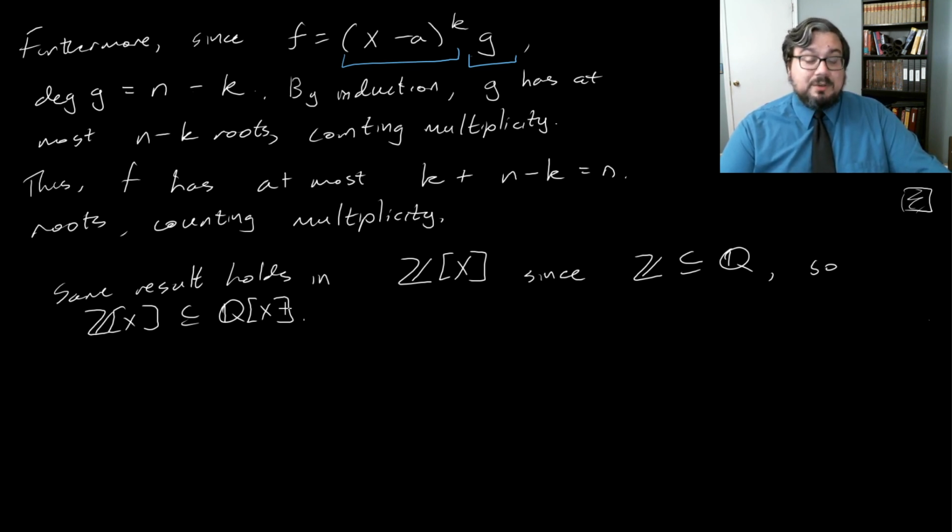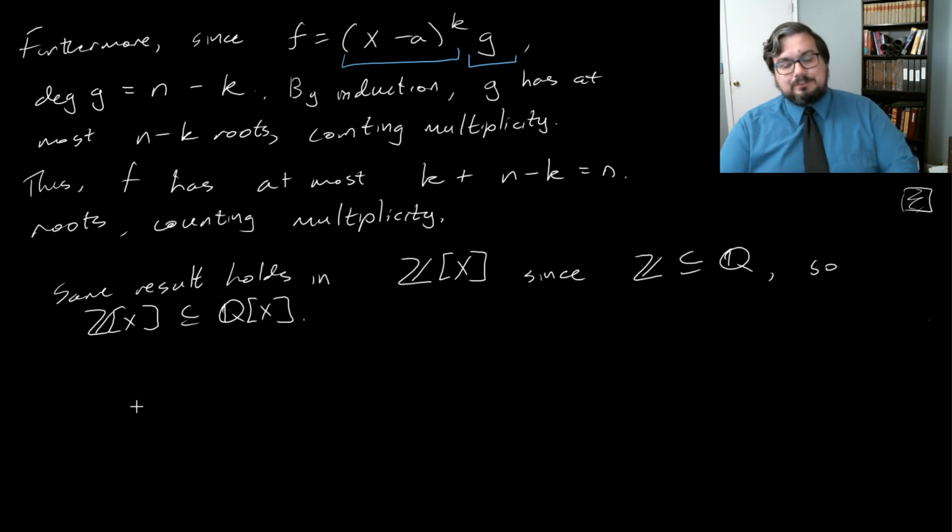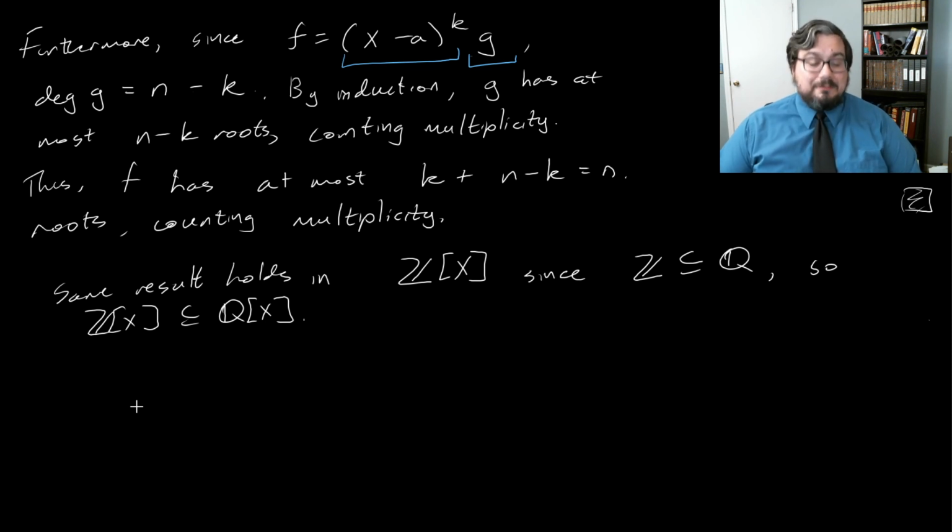Q is a field, and so I know that a polynomial of degree n has at most n roots in Q, and so it has at most n roots in Z. In fact, it probably has fewer because it might have some roots in Q that aren't in Z. And in particular, this same result will hold in polynomial rings over any ring that is contained in a field. However, not every ring is contained in a field.